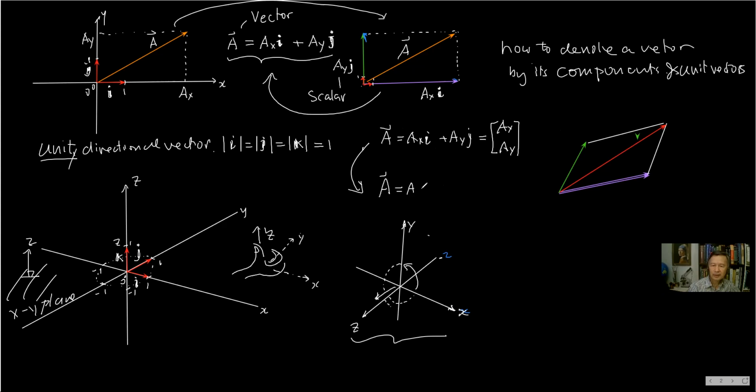We've got the X component multiplied by I. You have to get very familiar with this notation. This is J. In addition, we have a third component called Z, with K. Again, if you use a matrix, that can be written as the X component, Y component and a Z component. You can see that.